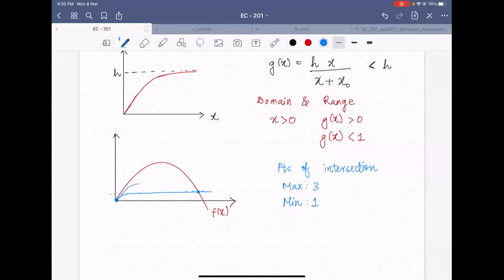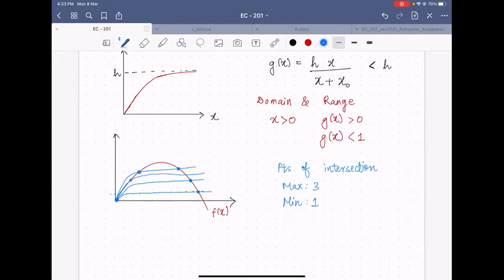Similarly, my h could go like this. Again, I have this point of intersection and this point of intersection. Alternatively, I can have something like this, which gives me 1, 2, and 3 points of intersection. I can also have a graph similar to that straight line example, which could be tangent at 0, and it could go like this.